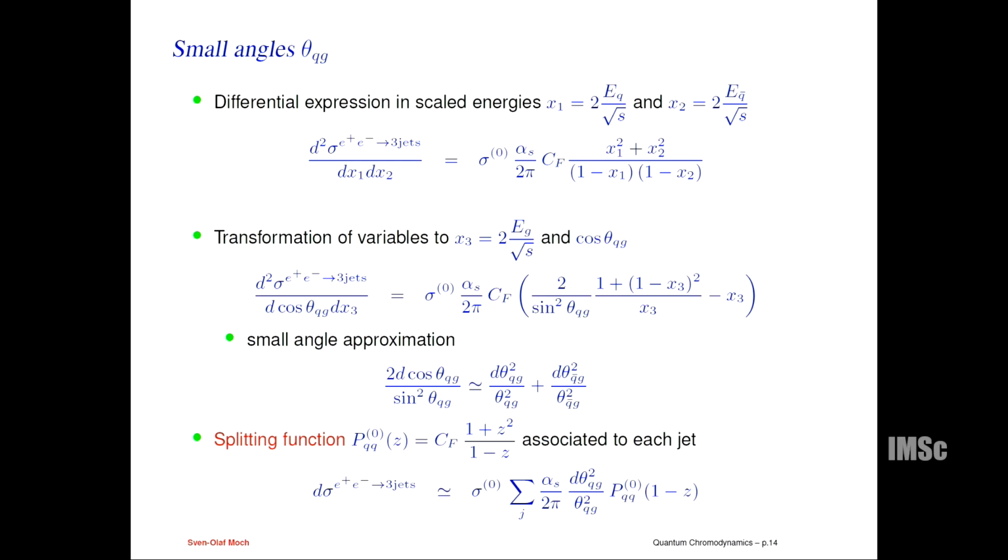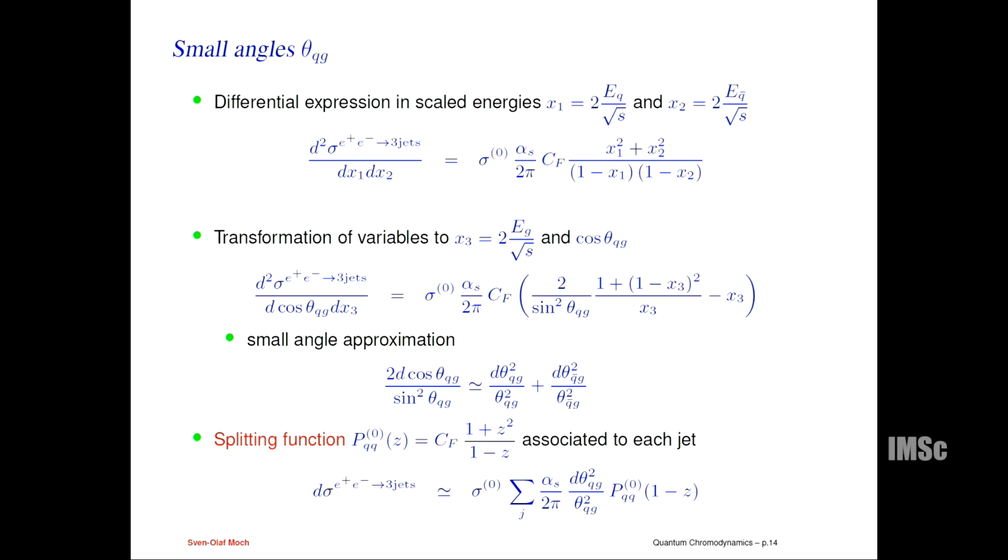So I have a simple polynomial in the gluon energies. And then I can go to the small angle approximation, because we're interested in collinear singularities, which are happening at small angles. So then the phase space, 2 times d cos theta over sine squared theta, can be expanded for small angles in terms of d theta squared over theta squared for the quark-gluon plus d theta squared over theta squared for the anti-quark-gluon.